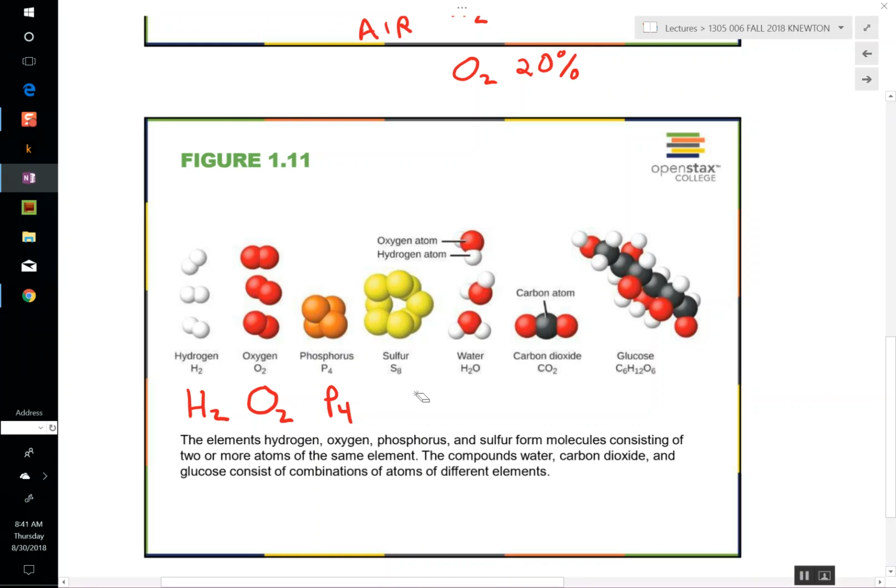Sulfur, I want an S there first. Sulfur will be 8 sulfur atoms that associate with each other into a ring, but those are elements. So these are all elements. And then these are compounds.